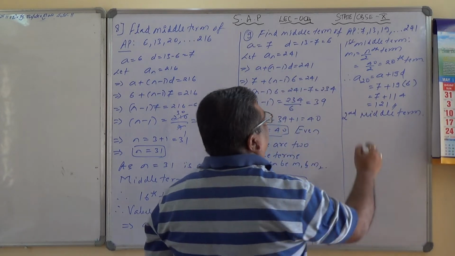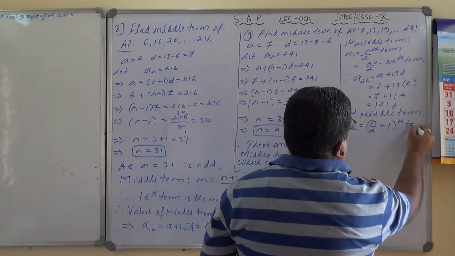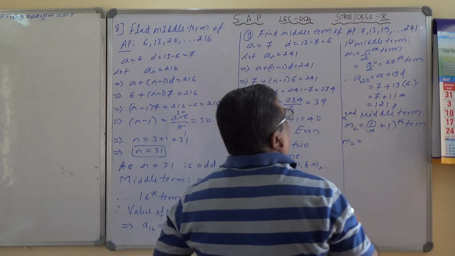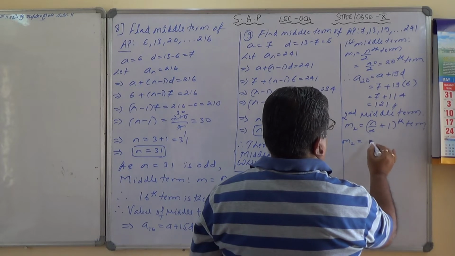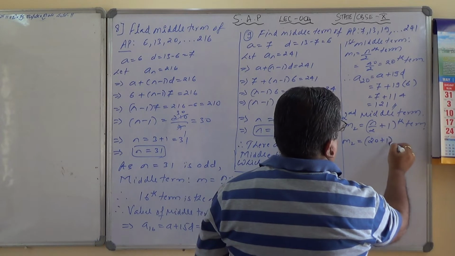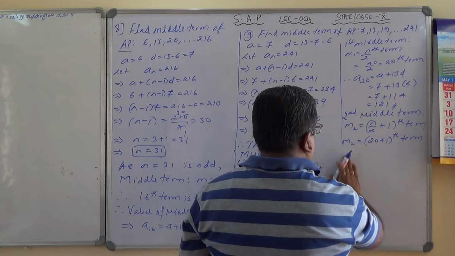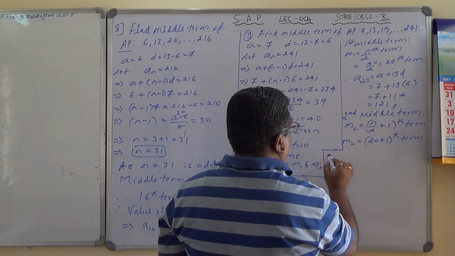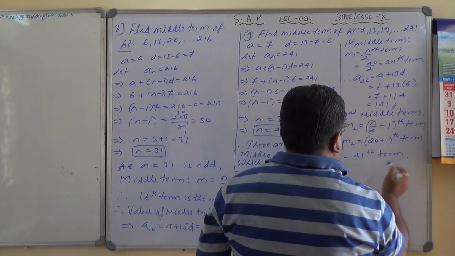Let me find the second middle term. Second middle term, M2 equals N by 2 plus 1th term. What is N by 2 here? 40 by 2, already you have found out it is 20, so it is the 20 plus 1, the 21st term.